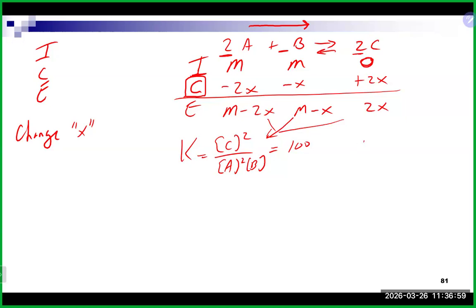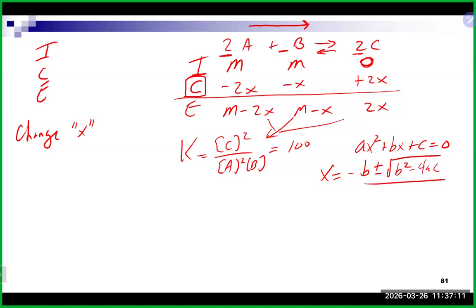One way is you can use the quadratic, ax squared plus bx plus c is equal to 0, where x is equal to minus b plus or minus the square root of b squared minus 4ac, divided by 2a. As we saw last time as well, that will yield you two x values.